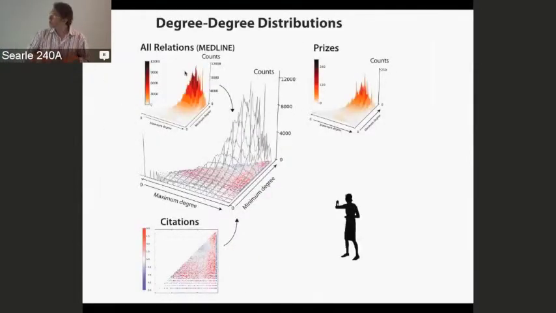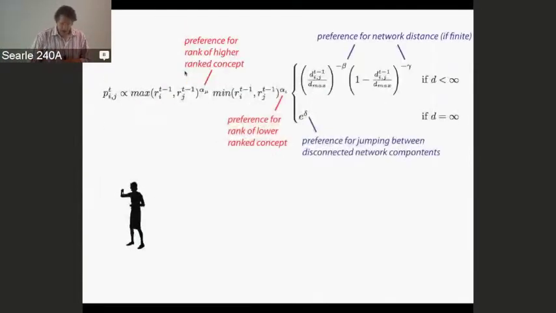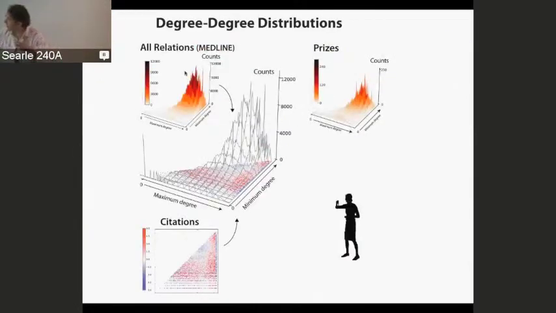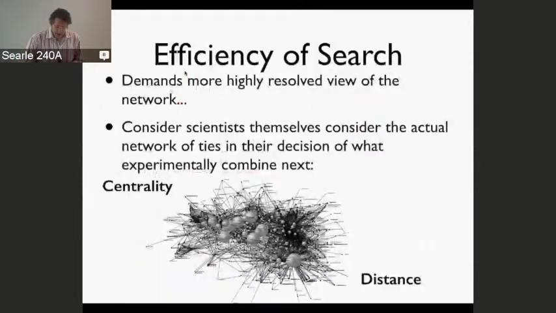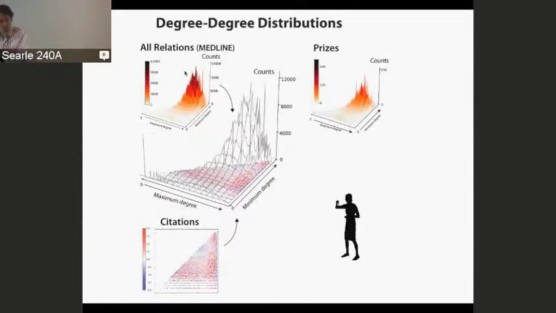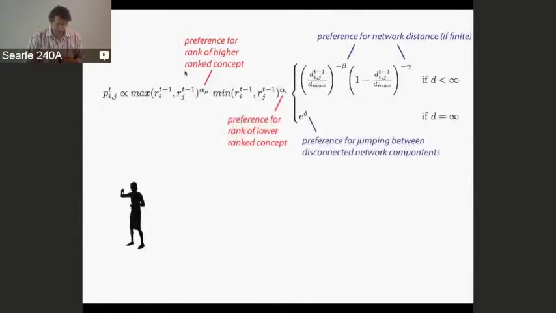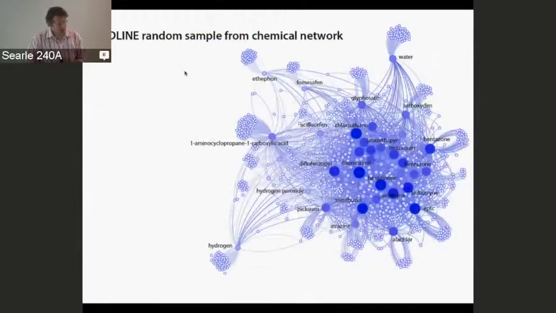You can also use this distribution to look at the efficiency of discovering the full space of combinations over time. So here we look at the relative importance or centrality of chemicals and their distance within this graph of science. And we build a simple probabilistic model that I'm not going to describe here, but we use it to cut through this variation to see if we can look at alternatives, right?